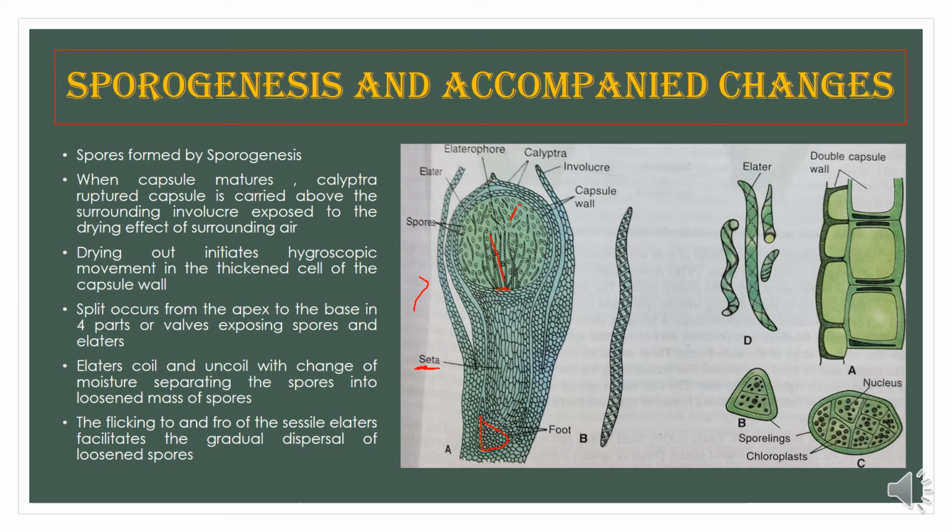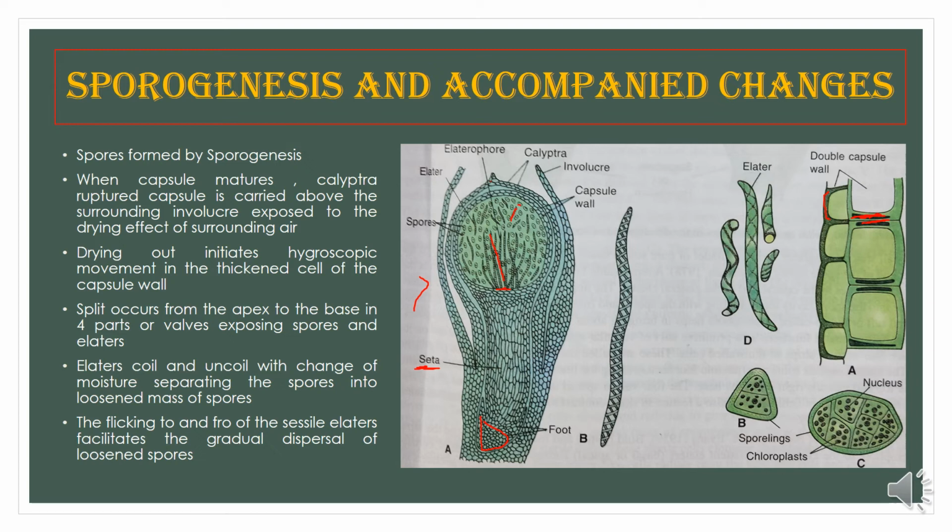And we know that the capsule wall is made up of 2 or 3 layers of cells, which is another characteristic, because in Riccia and in Marchantia the capsule wall was just single layered, but here we see 2 or 3 layers, which has thickening in the upper region, and also some radial thickening.